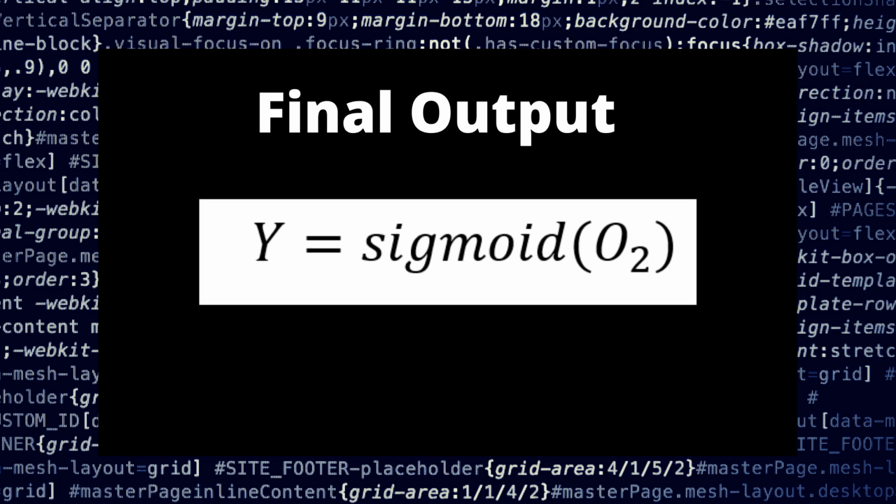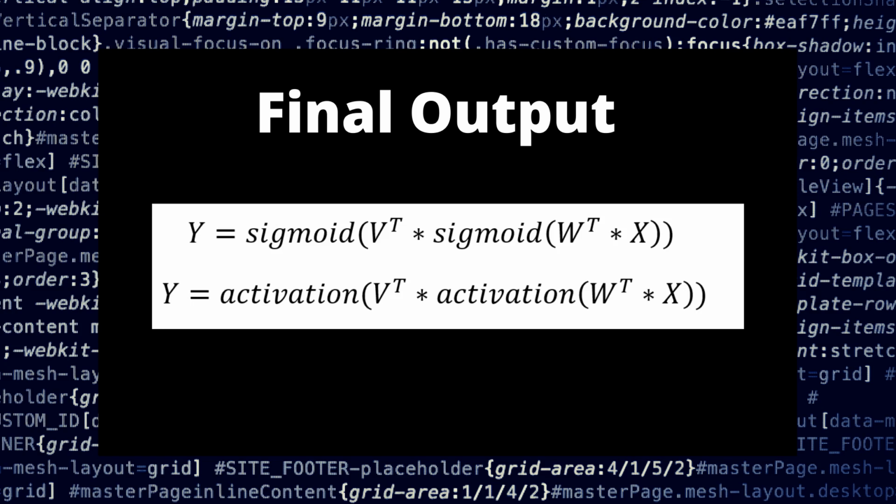Generally, the whole neural network can be mathematically displayed as Y equals sigmoid of V transpose multiplied by sigmoid of weight transpose times X. This can be further generalized by changing sigmoid to any activation function.